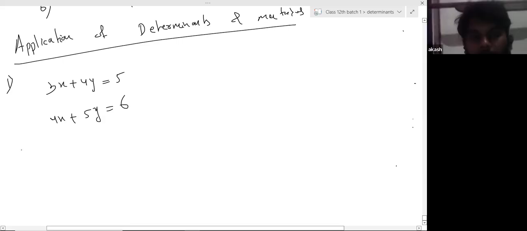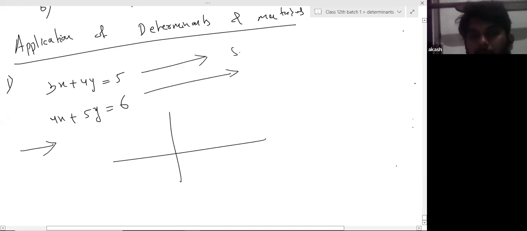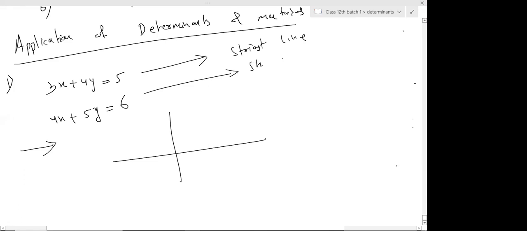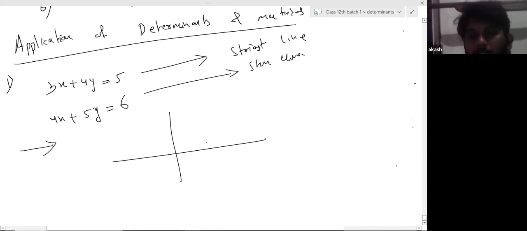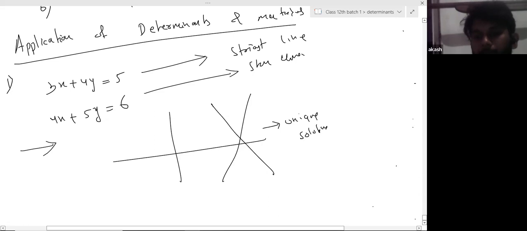All right. So to sum it up, these are the equations of a straight line. This we all know, right? Yes, sir. Two given straight lines can have three types of situations. First is having a unique solution. They both intersect at one single point.